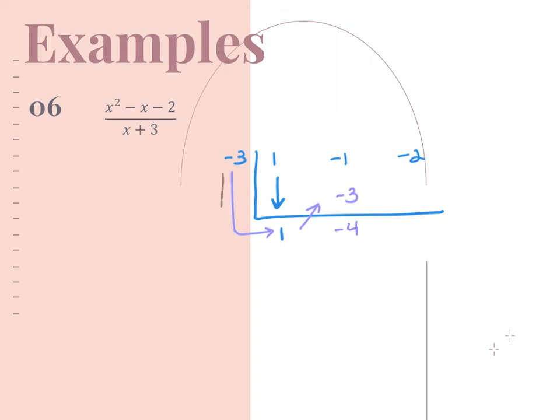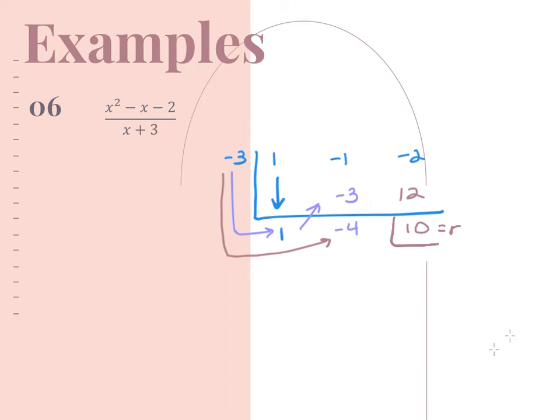Then we multiply what's on the outside by what's on the bottom. -3 times -4, +12. Where did you get the -4? Added -1 and -3. Add -2 plus 12, 10. That is my remainder. Wouldn't you multiply the -3 times 10?